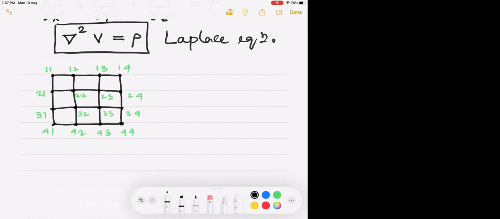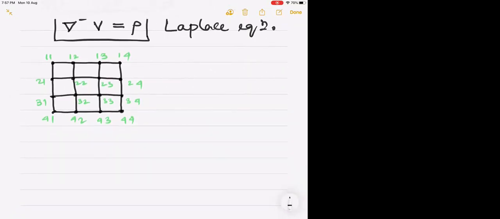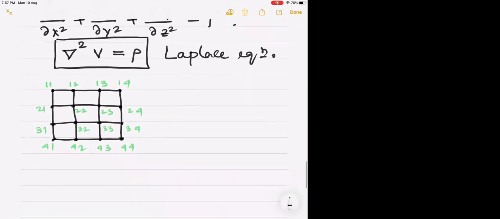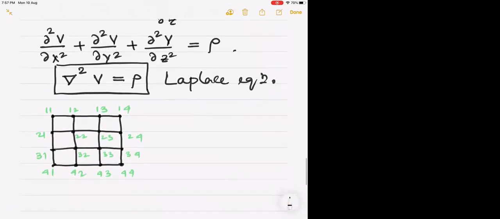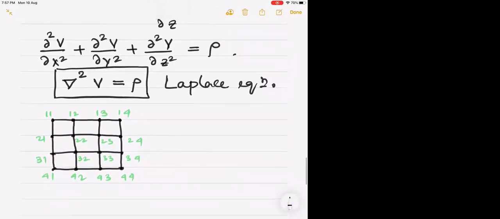In order to apply Laplace's equation here, I need to figure out what we mean by nabla square V equals 0. Note that nabla square V is the operator del square V del x square plus del square V del y square plus del square V del z square.